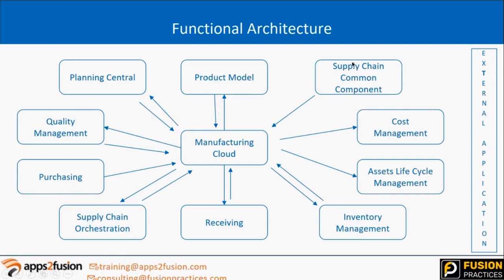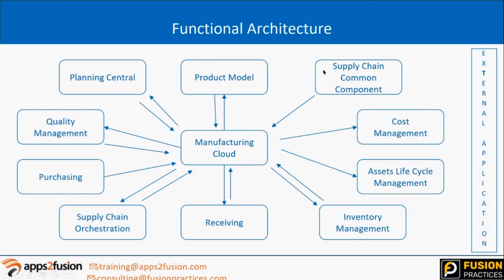Supply chain common component, this particular box here on the right, is all the common setups, like definitions. For example, it's all the... sorry, go ahead. Where do you define forecast? Is it in planning central or in supply chain common component? The forecast is defined in planning central.